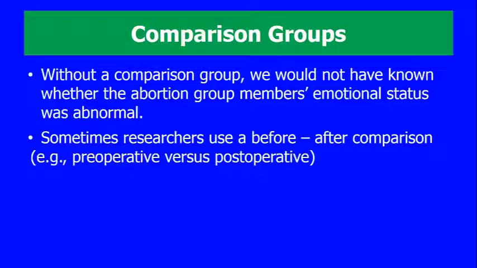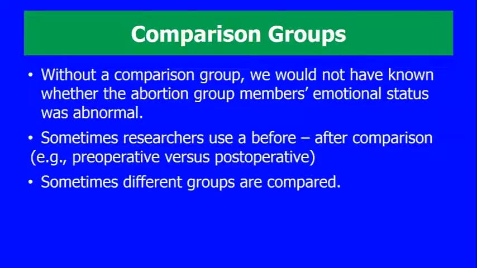For example, before abortion and after abortion, and they see the difference. Sometimes we use different groups as in this study, so that we see really if there is something in the group of abortion that is different from the group of adoption or the group of delivery and keeping the child.